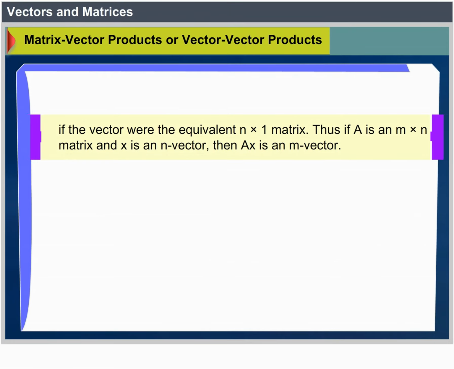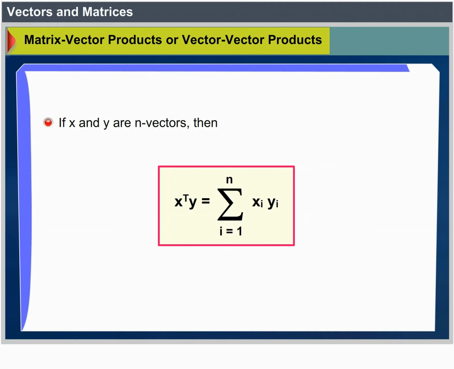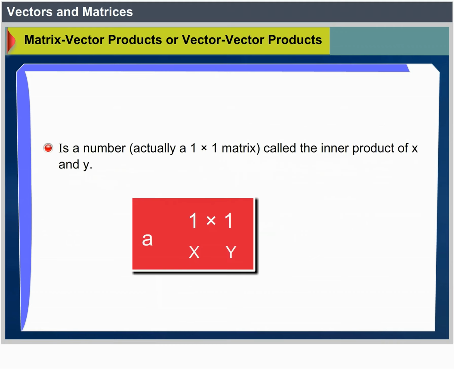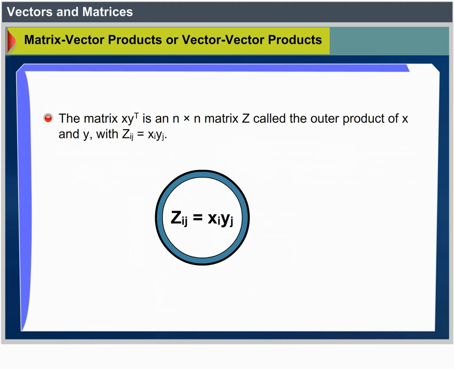If x and y are n-vectors, then x transpose y equal to the summation of i equal to 1 to n of xi yi is a number, actually a 1 by 1 matrix, called the inner product of x and y. The matrix x y transpose is an n by n matrix Z called the outer product of x and y, with Zij equal to xi yj.